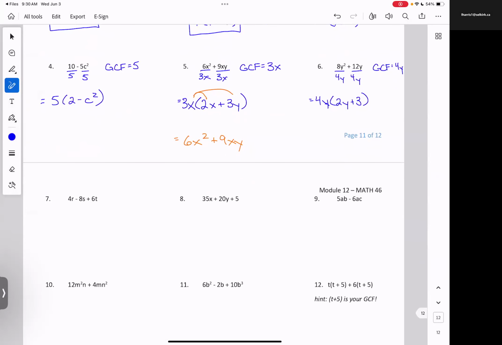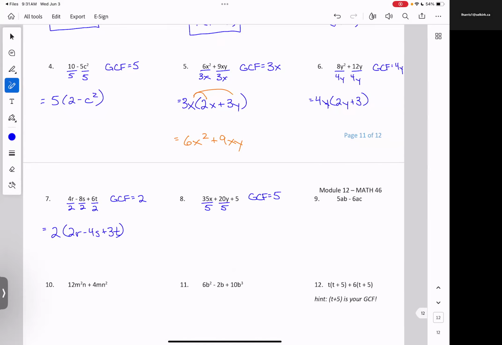All right, number 7, our GCF is just a 2 here. We have no variables in common to all three terms, so just a 2. So we divide each of these by 2, and that gives us 2r minus 4s plus 3t, and then we stick that 2 out front. Okay, number 8, our GCF here would be 5.